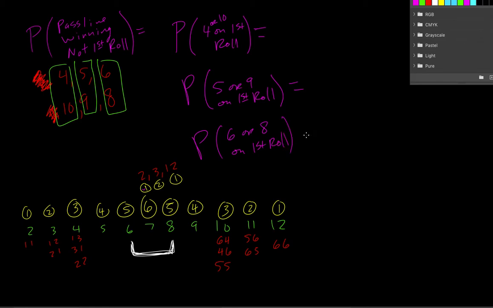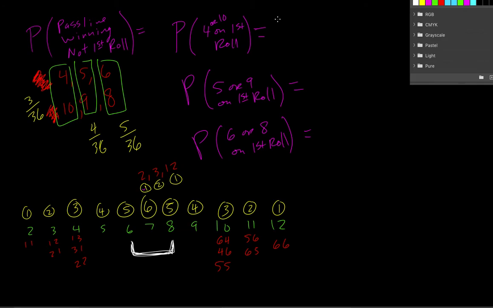Technically we've broken this up into 3 possibilities. If we look at 4, there's 3 ways to do a 4 and 3 ways to do a 10, so this one's going to be 3 out of 36. If we look at 5, there's 4 ways, and 9 also has 4 ways, so 4 out of 36. And 6 and 8, there's 5 ways, so 5 out of 36.